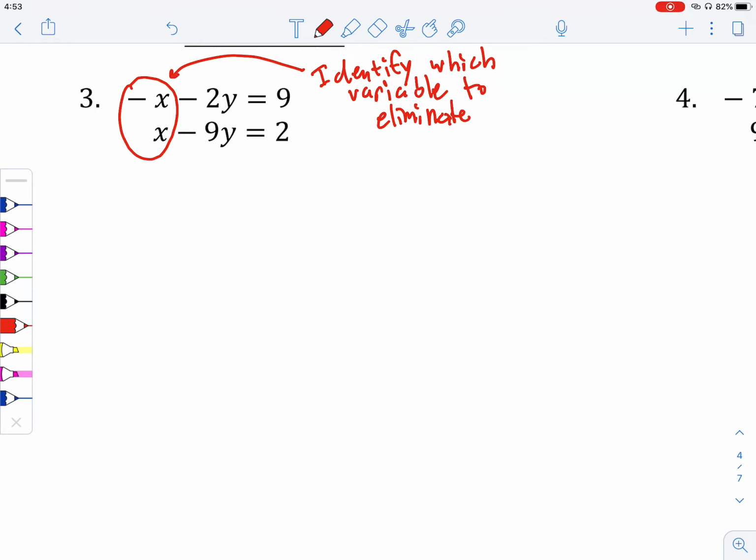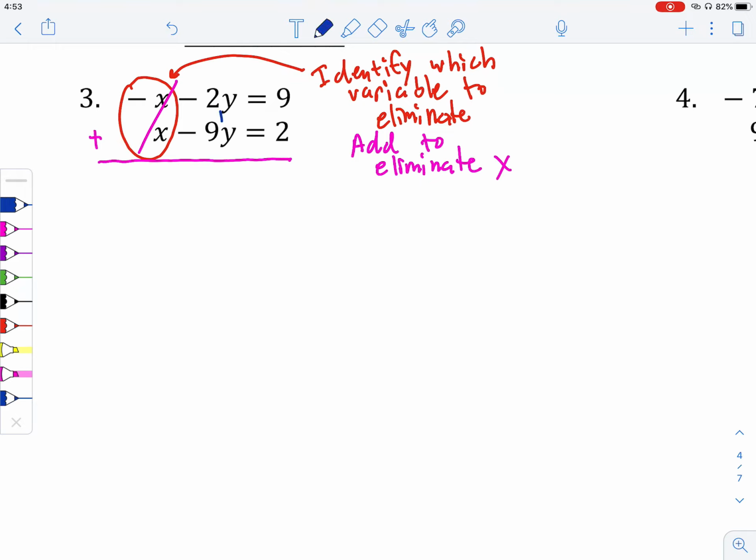So we're just going to add them to eliminate the x's. So now the x's are gone.